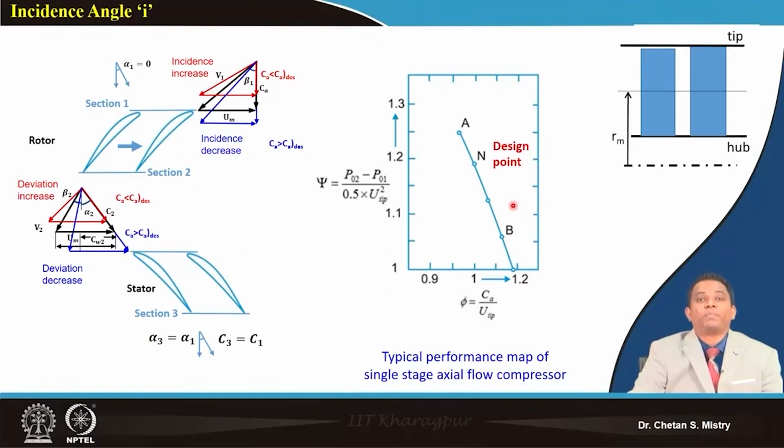One way is by managing the mass flow rate through the engine, and the second is by changing the rotational speed of my compressor. So here this represents what is happening at the constant speed configuration. When we have a constant speed configuration and a decrease and increase of mass flow rate, we have a change of incidence angle and a change of deviation angle.